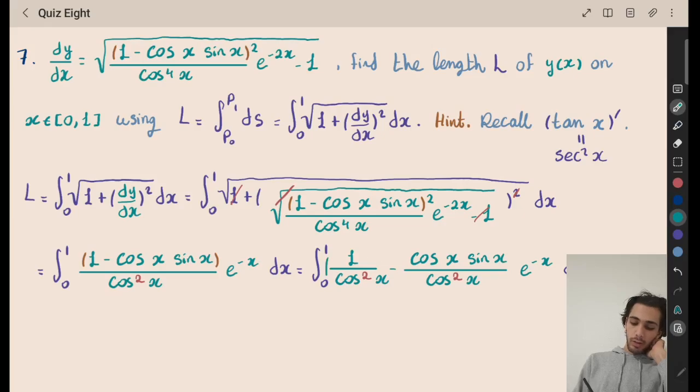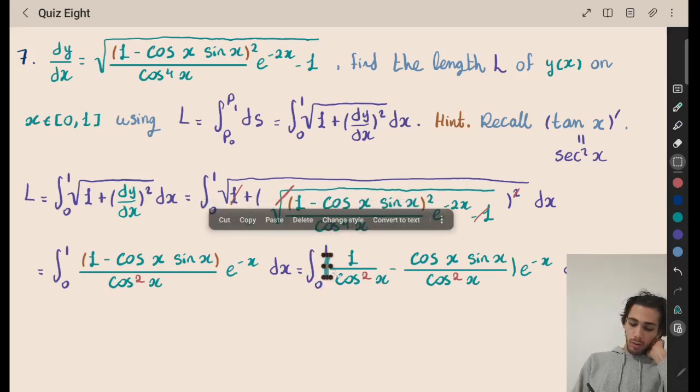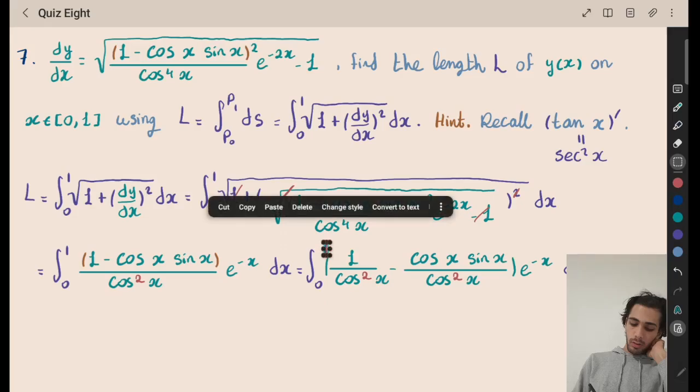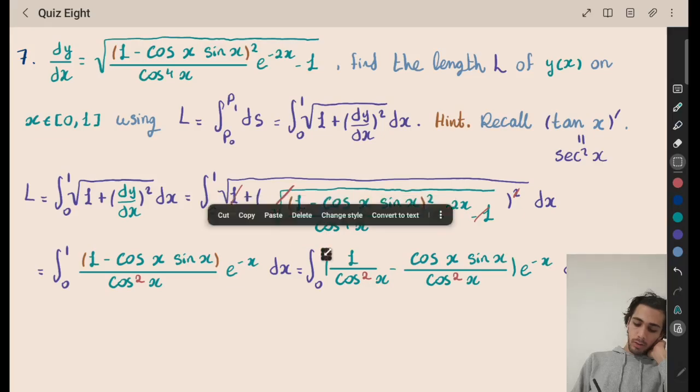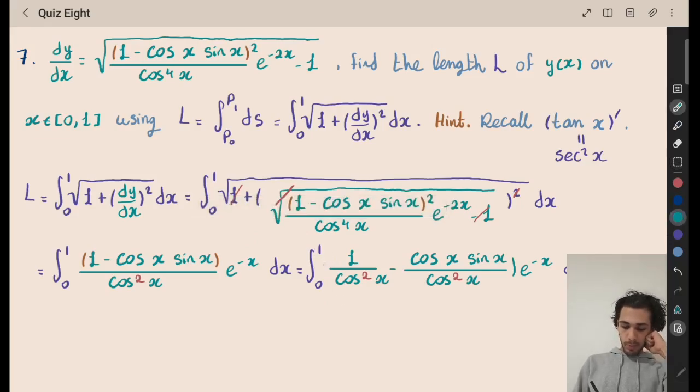Let's not forget this. So we need to be careful. And we do this like this. We need to specify the brackets. Please. Yes, thank you. And so I've specified the brackets.